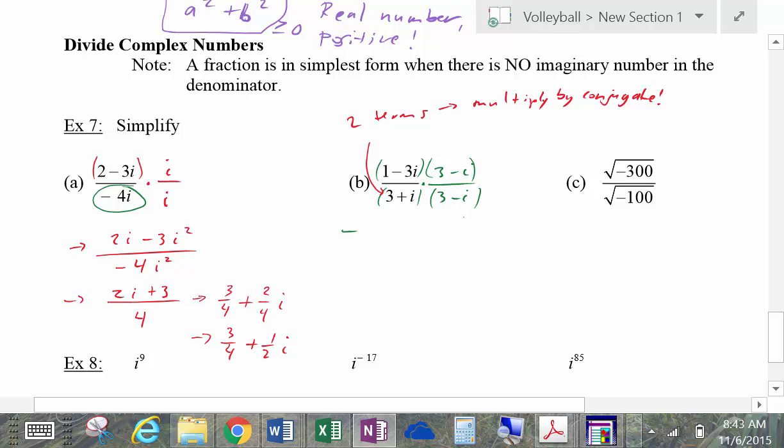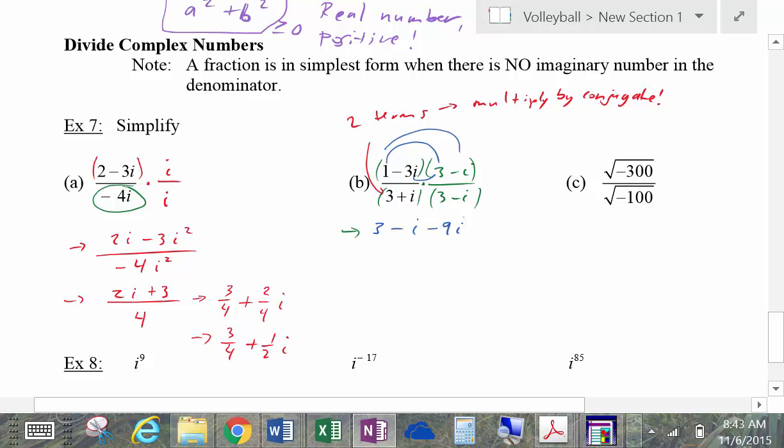Okay, so this one's going to be a lot more work. On the top, what do we get? Three times 1, 3. 1 times negative i, negative i. All right, negative 3i times 3, negative 9i.